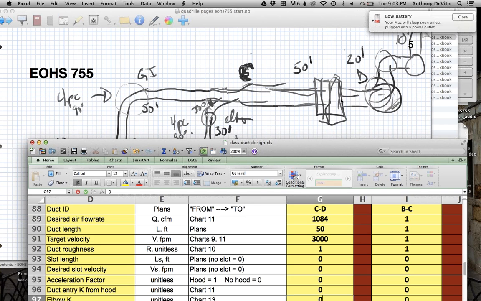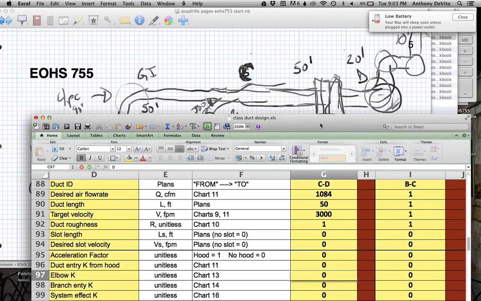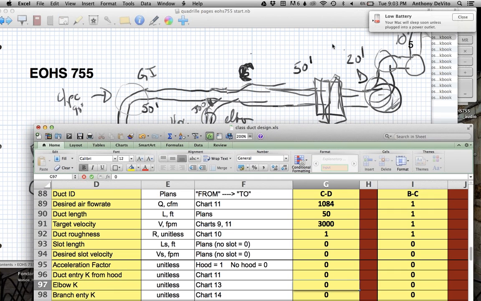Doesn't it just go straight to the fan? We're going from C to D. Yeah. Oh, I'm sorry, you're absolutely right. So actually this is 70 feet and it's got 2 elbows in the filter. I fooled myself here because I originally was going to make that the fan, and I put D over there.